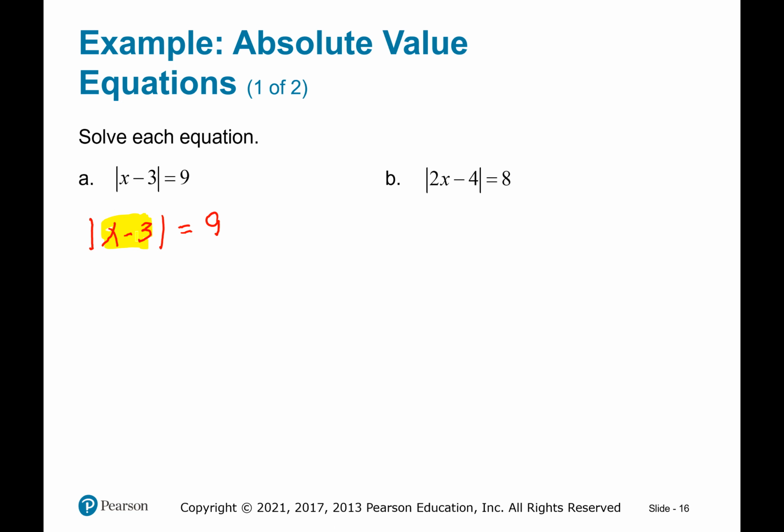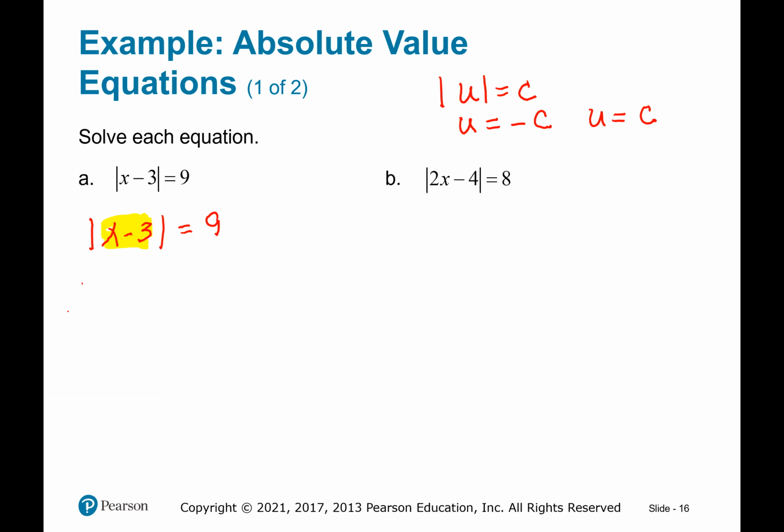Did you see what I highlighted in there? That could be -9, correct? Because what I highlighted is what you're taking the absolute value of. It could also be +9. So how do you solve an absolute value equation? You take what you're taking the absolute value of and you set it equal to the negative. You take that and you set it equal to the positive.